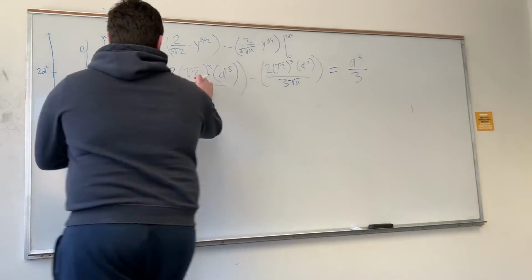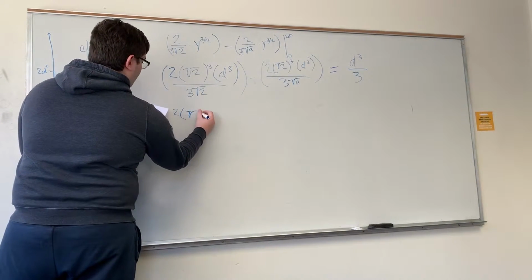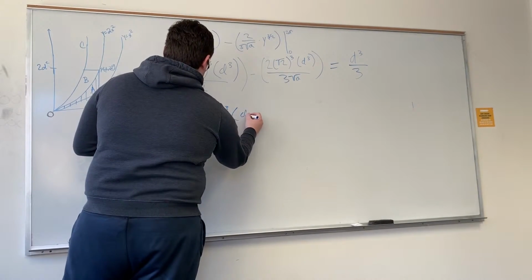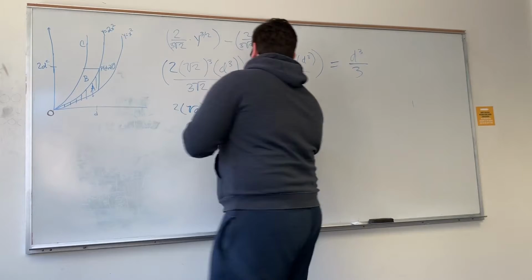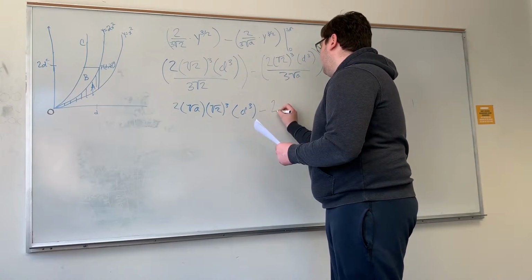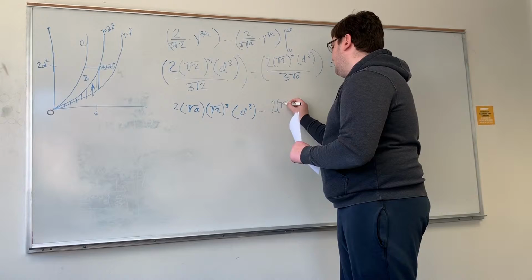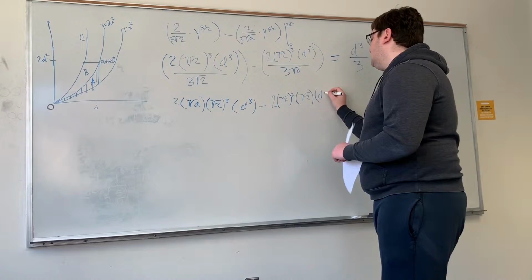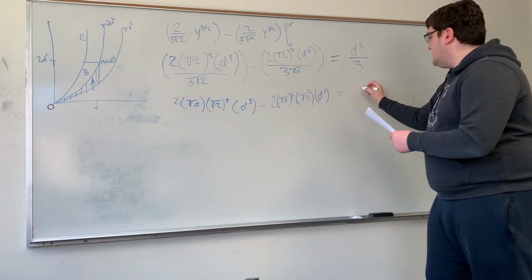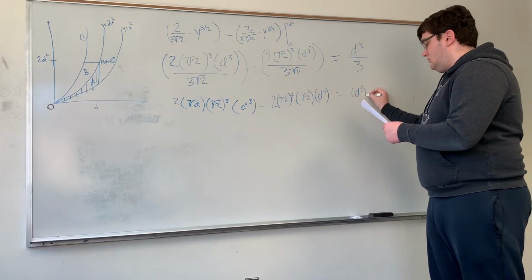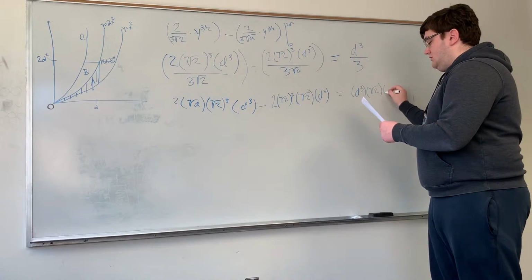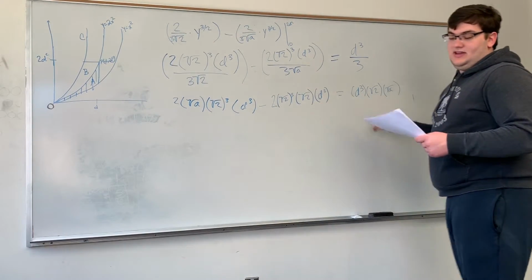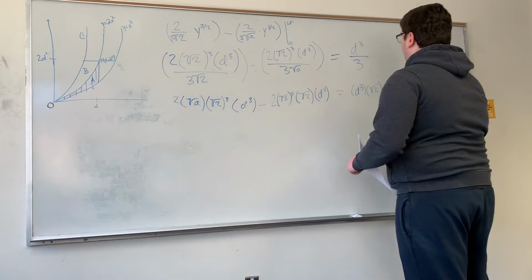After we do that, we're going to be left with 2 times the square root of a times the square root of 2 cubed times d cubed, minus 2 times root 2 cubed times root 2 times d cubed, equals d cubed times root 2 times root a. So now we're going to subtract this over, set equal to 0, and start isolating for a.